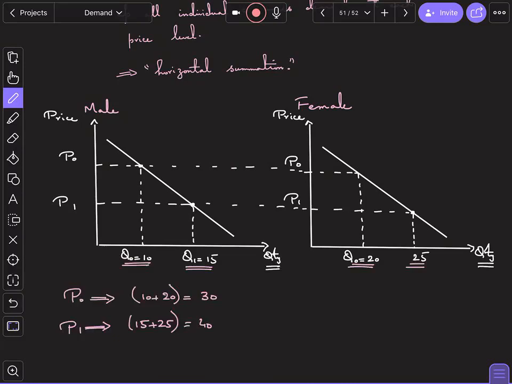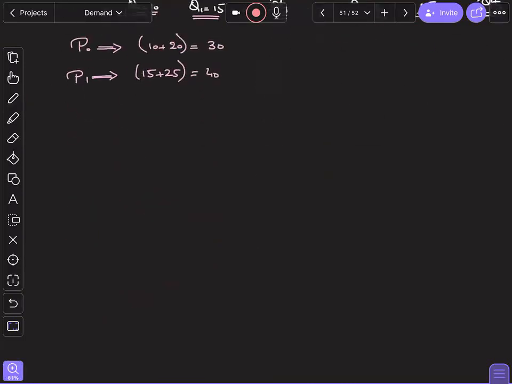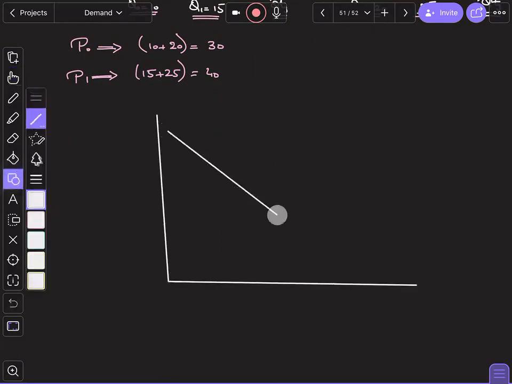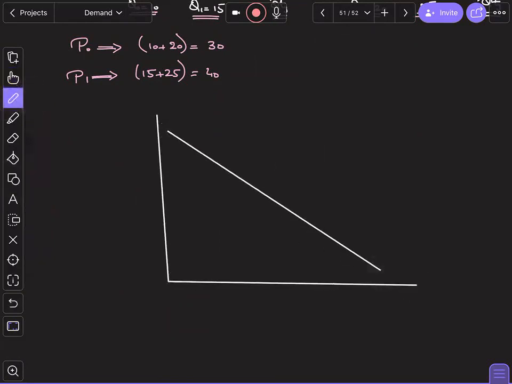So now if we draw the market demand for public transport, we will have a demand curve like this. And here we will have price, quantity.